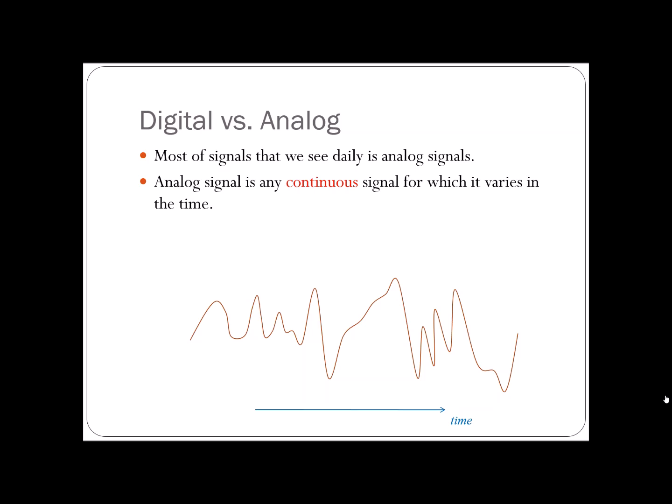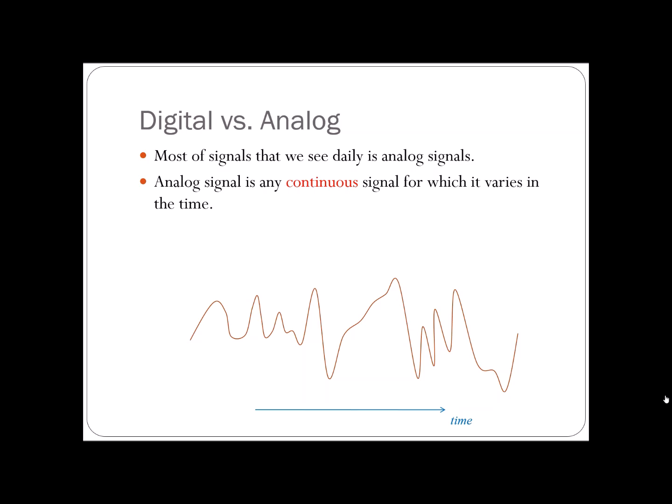Most signals that we see normally are analog. What is an analog signal? I think it's a pretty common understanding. An analog signal is basically a continuous signal that always varies in time, and why do we say it is continuous?